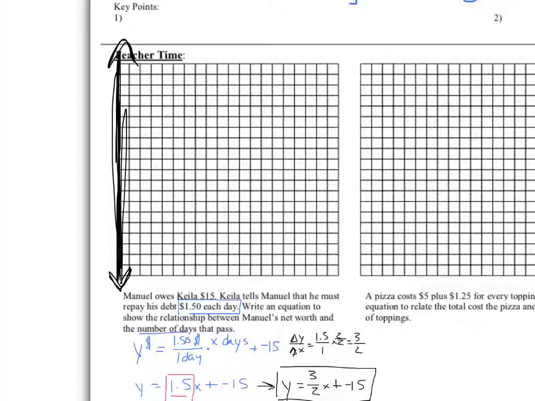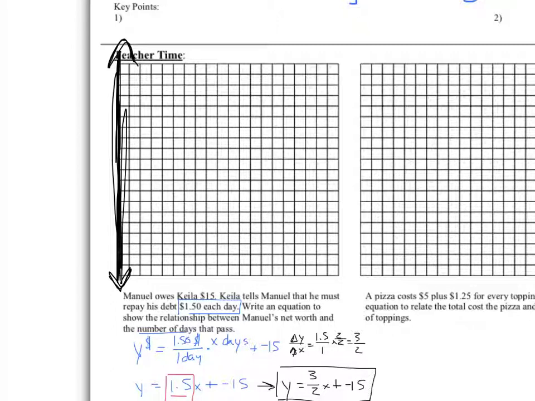And I probably want to place my x-axis in such a way that I've got to get down to negative 15. I can set it up so I would have to count by more, or I can set it up so I have at least 15 squares below. It kind of depends on how far you want to go with this grid.